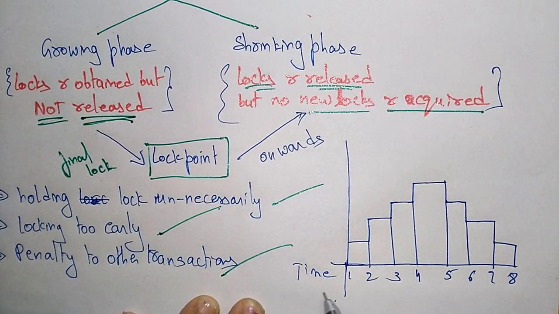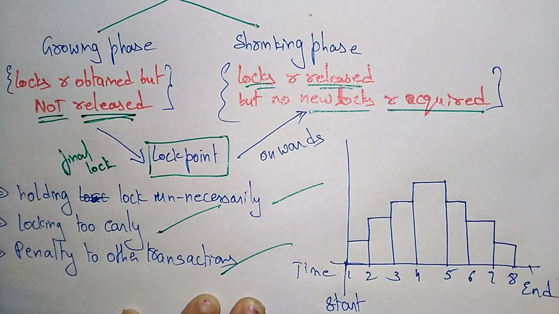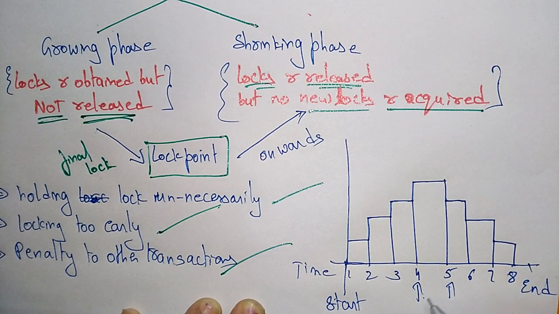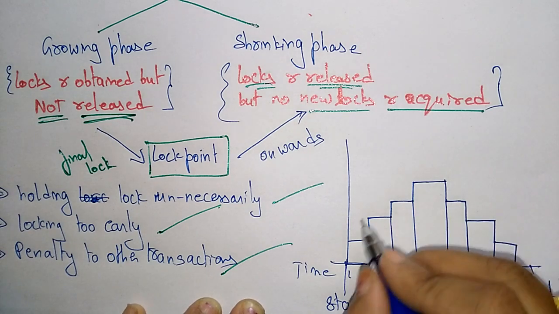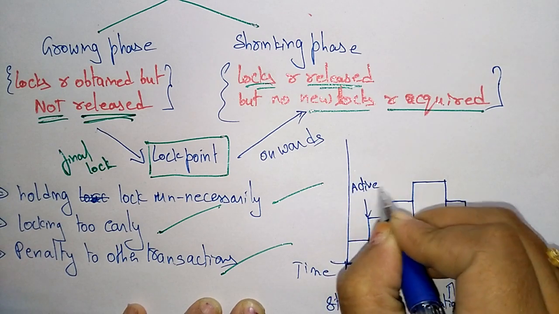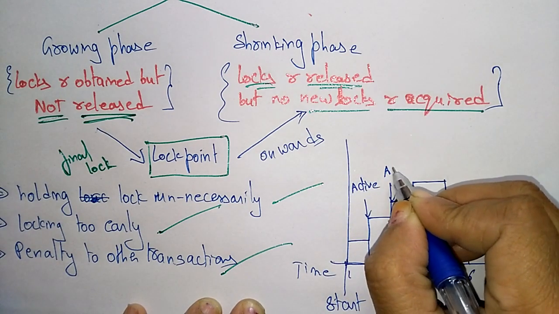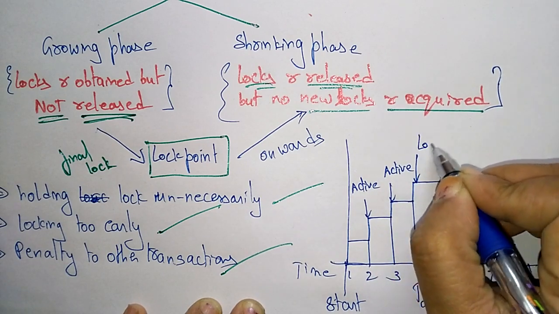Here you call this the start point, and this the end point, the start of the transactions and the end of the transactions. In between, the operations are done. This you call the active lock. And here this is the lock point.